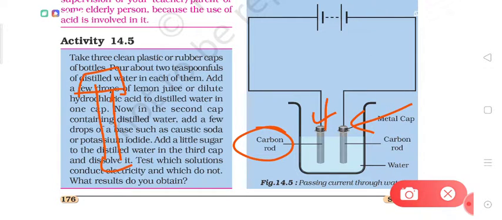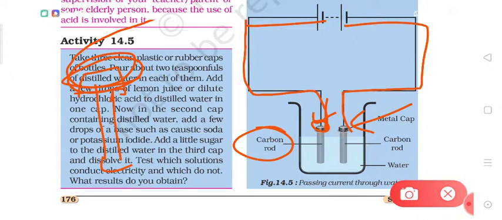So after cleaning the metal cap, we will wrap a copper wire around it, something like this, and then connect this copper wire to one of the terminals of the battery. In the same way, we will join the copper wire connected to the metal cap of another carbon rod to the another terminal of the battery.